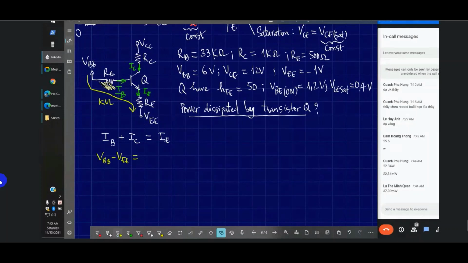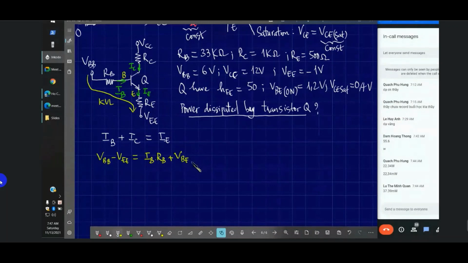Here we have the voltage drop for RB, following Ohm's law: IB multiplied with RB. And then the voltage drop from B to E, that is the VBE of the transistor Q.